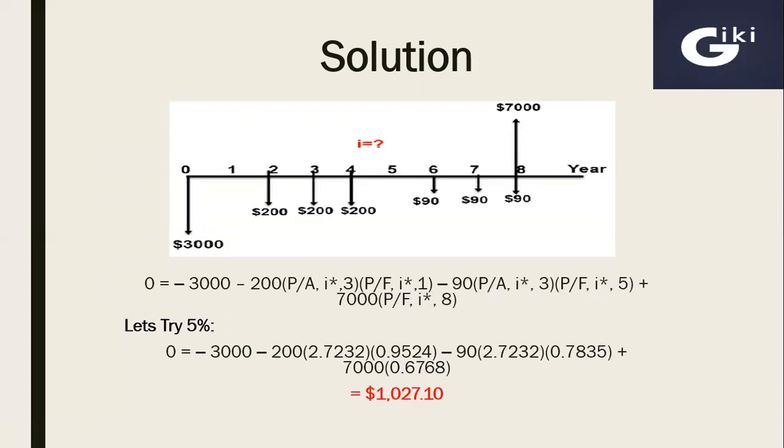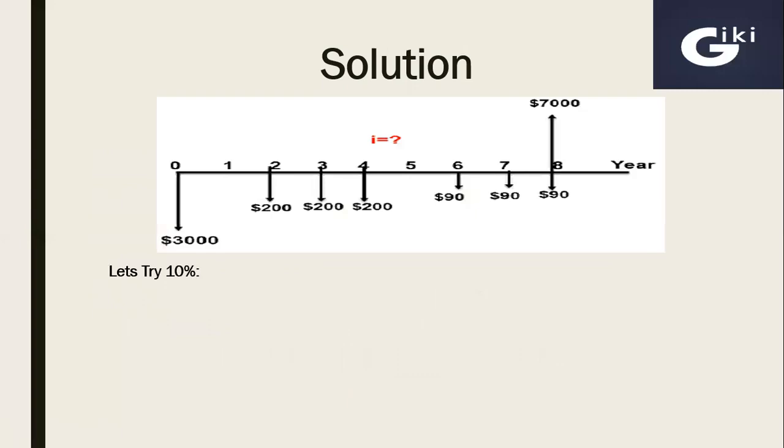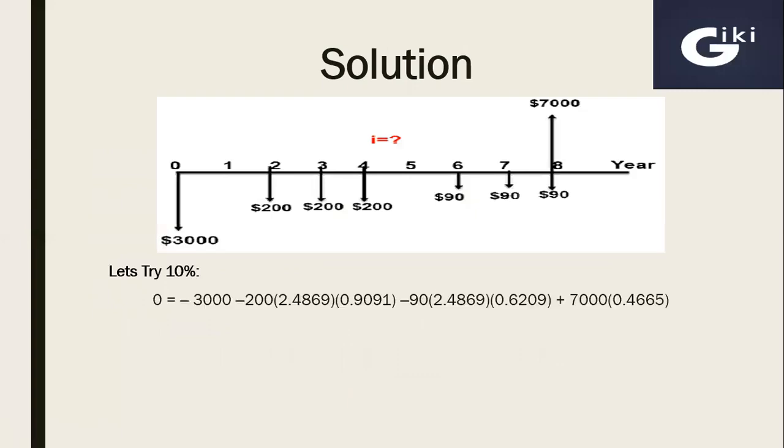And here we have this value that is equal to $1,027.10, and this is greater than 0. It means we have one positive value at 5%. So to get negative present worth, we need to increase the rate of interest. Now let's try 10%.